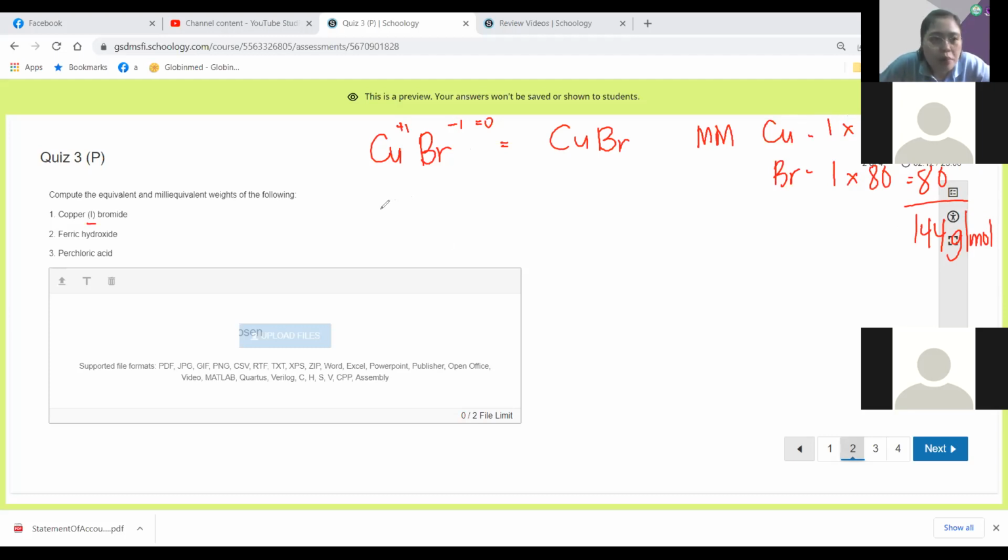Now, if we're going to compute for the equivalent weight, do not forget the unit. Equivalent weight is equal to the molar mass or the molecular weight divided by the F. So this is 144 grams per mole divided by our equivalence factor here, automatically that is 1. Okay, 1 because copper is positive 1, bromine is negative 1.